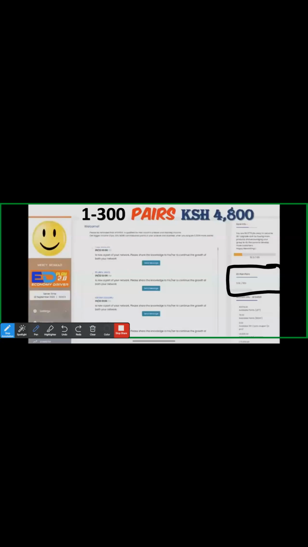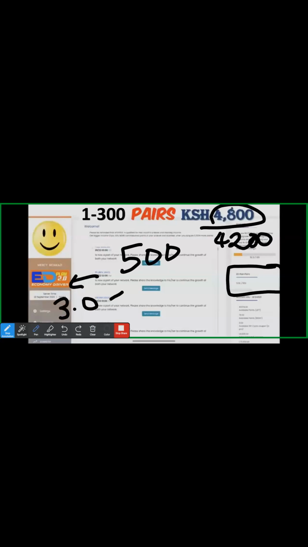So when we had Ed Plan 2.0, the 4,800 and then 4,200, that was when it was introduced, but the limit was 500 pairs. But then when we entered the 3.0 system, this was changed to 300 pairs, but with the same outcome of 4,200.